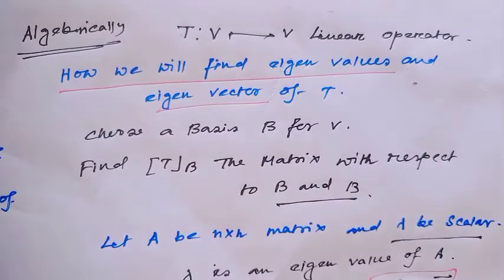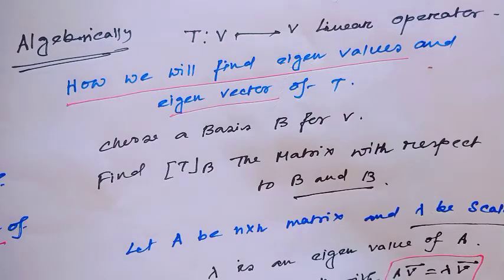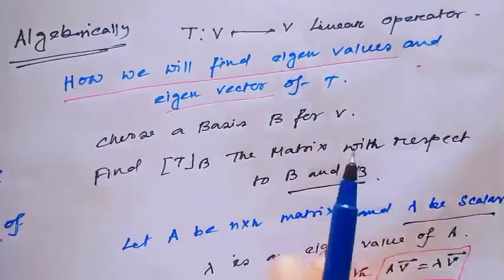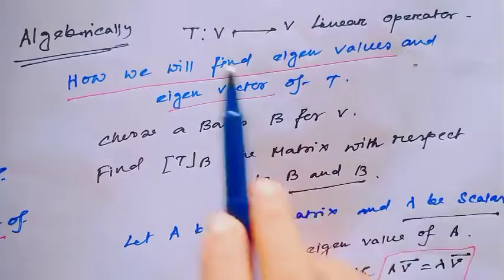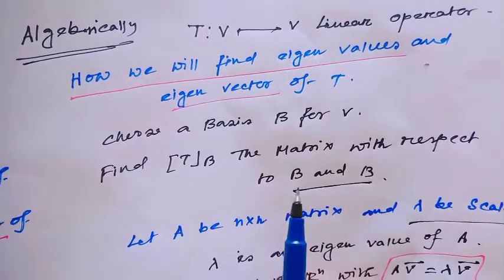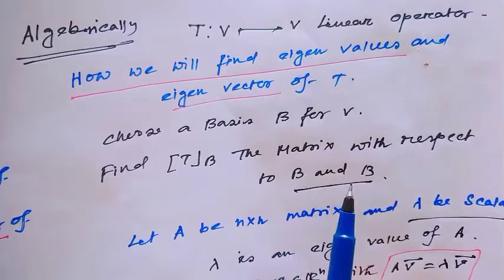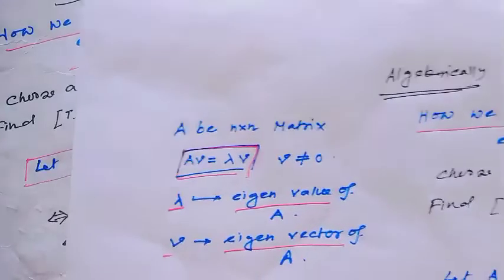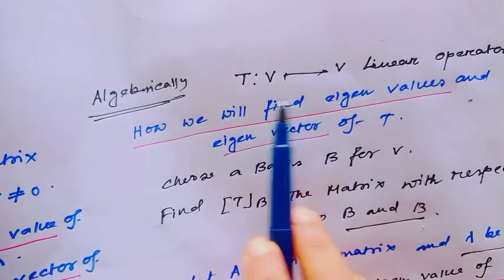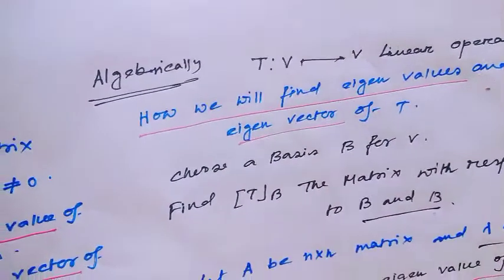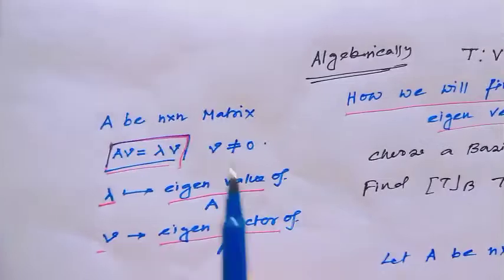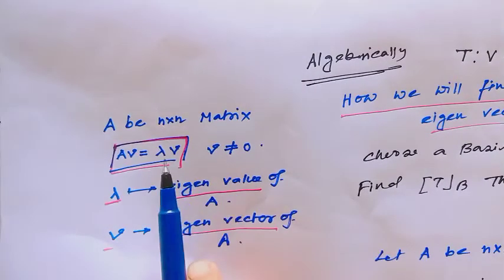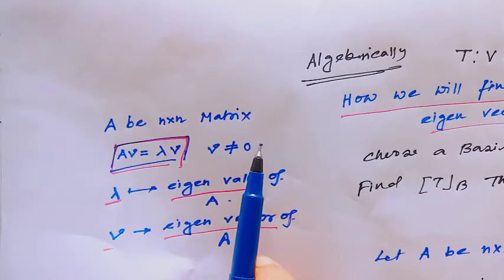Also, just recall, in my earlier video, I had discussed how we will find the eigenvalues and eigenvectors of a linear operator. Choose a basis B for this V. Then find the matrix representation with respect to B. Since the dimension of this vector space is n, obviously this matrix representation would be an n cross n matrix.